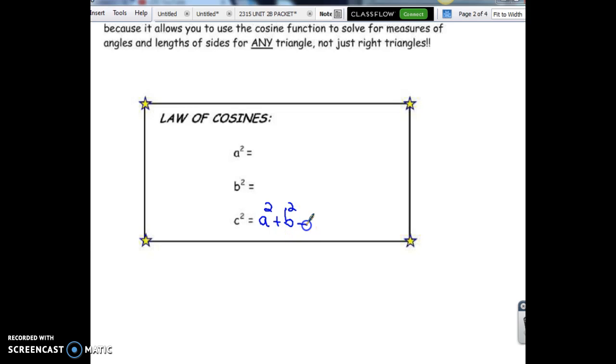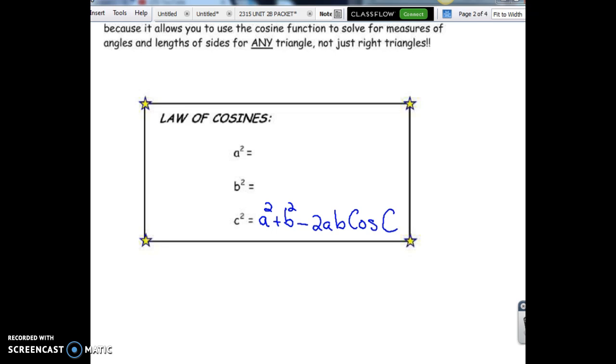We have to subtract twice these two sides times the cosine of the angle that's across from this side C. Well, across from side C would be capital angle C. So that's our law of cosines formula.